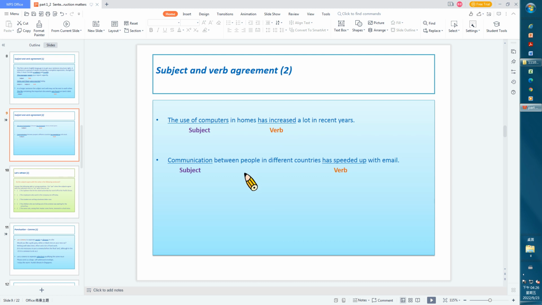The last sentence. Communication between people in different countries has speeded up with email. In this sentence, communication is the subject. Has speeded up is the verb.